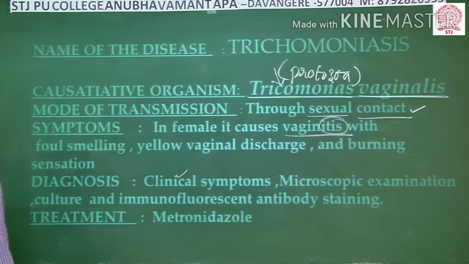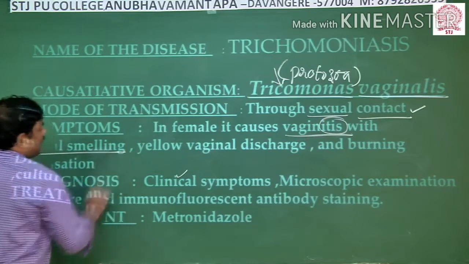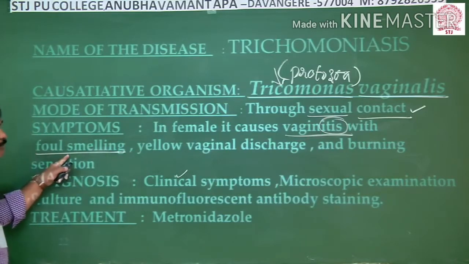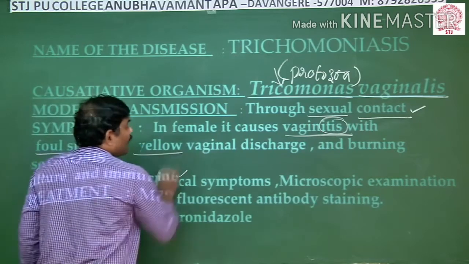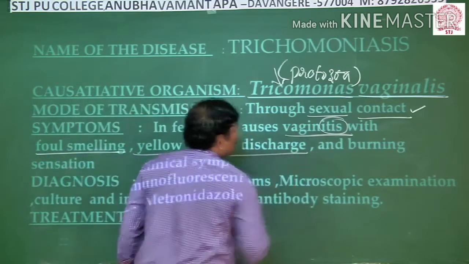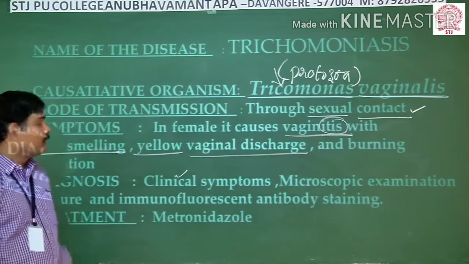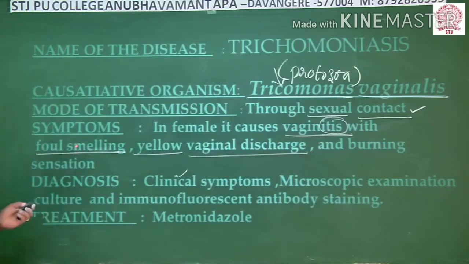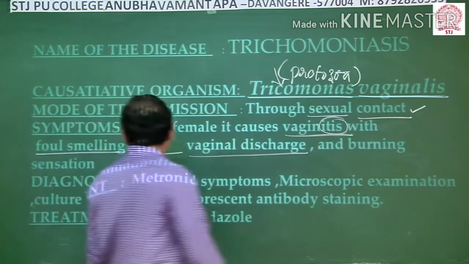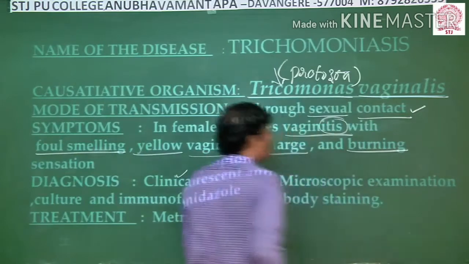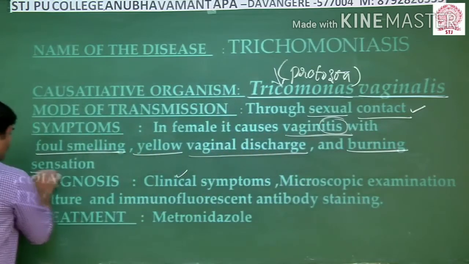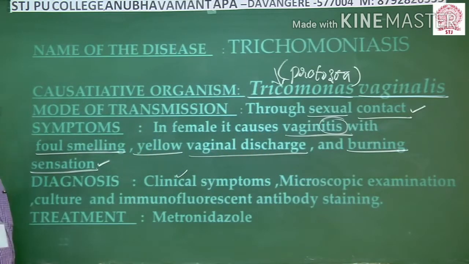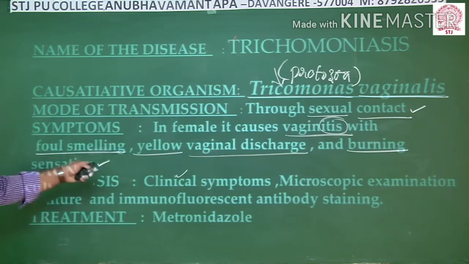Thereafter a foul smell, a bad smelling yellow colored vaginal discharge will take place, and they will experience a burning sensation in the vagina. So these are all the symptoms of the disease.